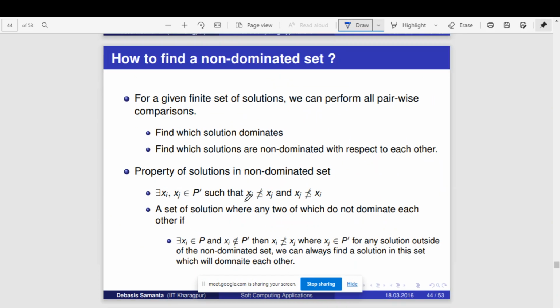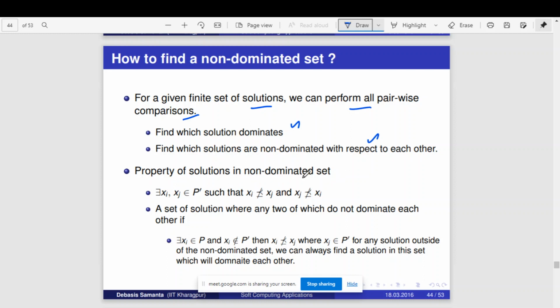So for a given finite set of solutions, we can perform all pairwise comparisons, find which solution dominates, and find which solutions are not dominated with respect to each other.